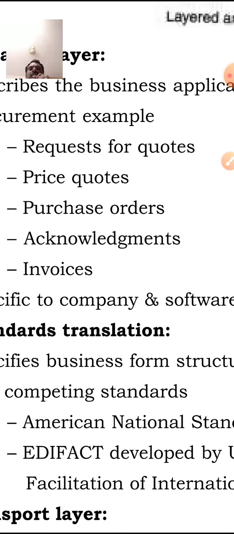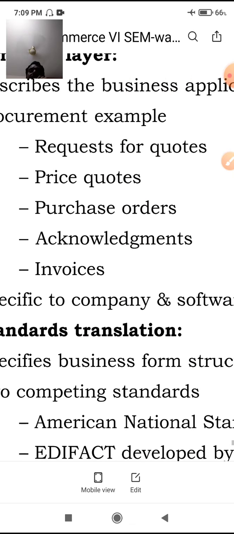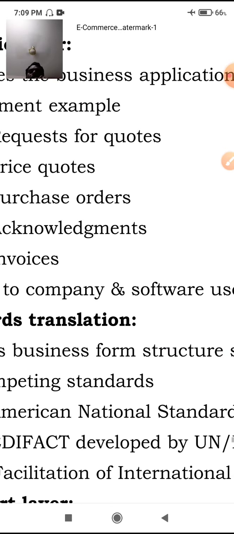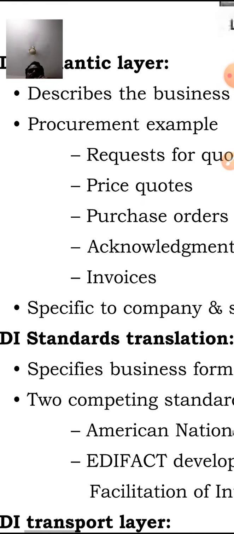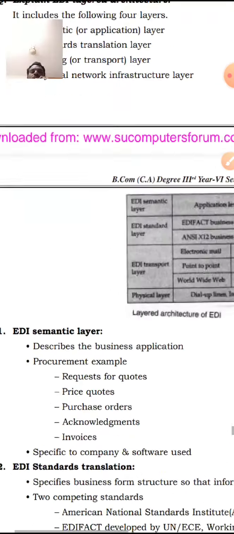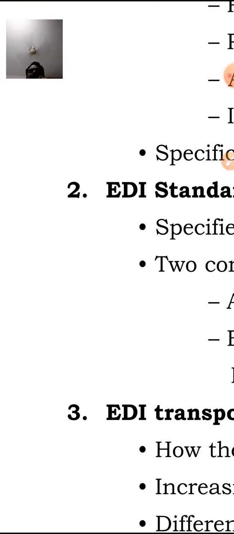All these types of request for quotes, price quotations, purchase orders, acknowledgement, and invoices, all these works are done with the help of the EDA semantic layer. Specific to company, software is used; different companies use different softwares in this EDA semantic layer.